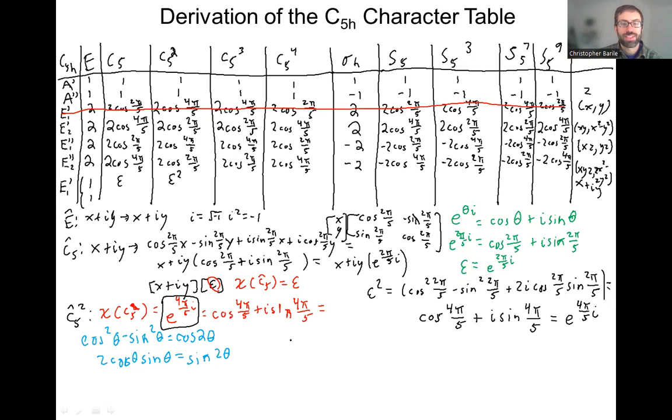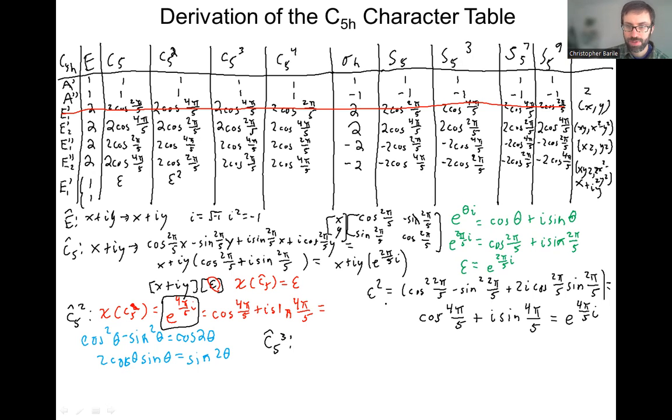Okay, what about C5 3 times? That's our next one. Well, now instead of having 4 pi over 5, we're going to have 6 pi over 5.